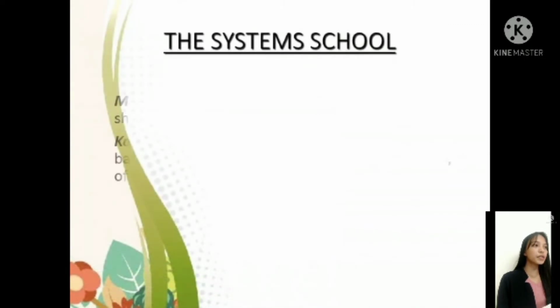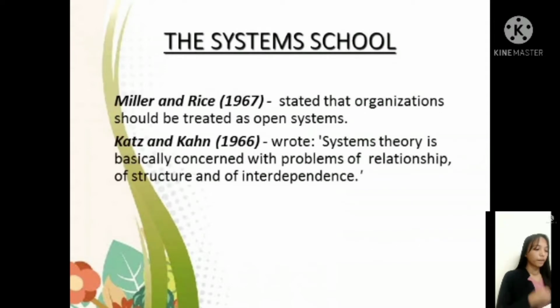Next is the systems school. Another important insight into how organizations function was provided by Miller and Rice, who stated that organizations should be treated as open systems which are continually dependent upon and influenced by their environments.